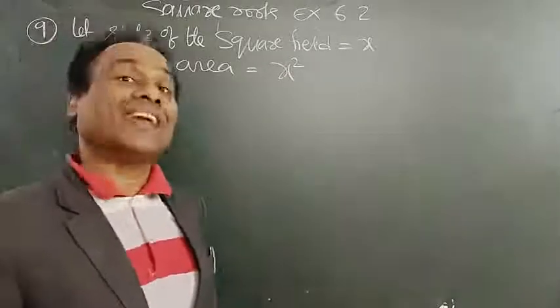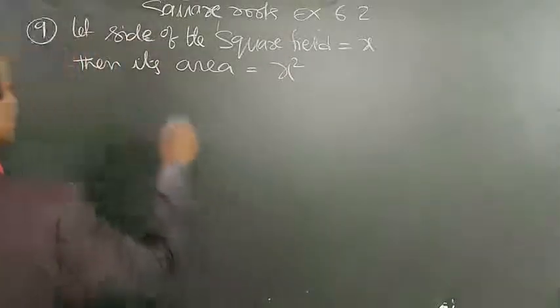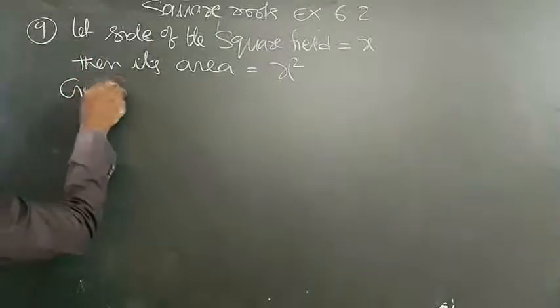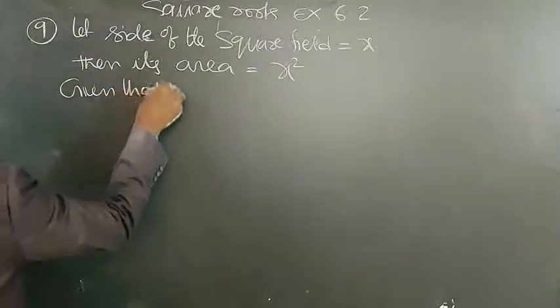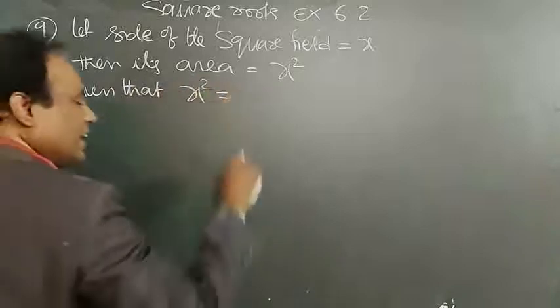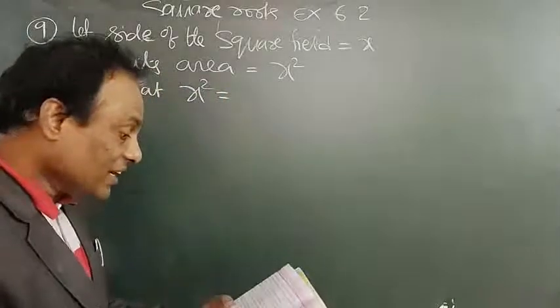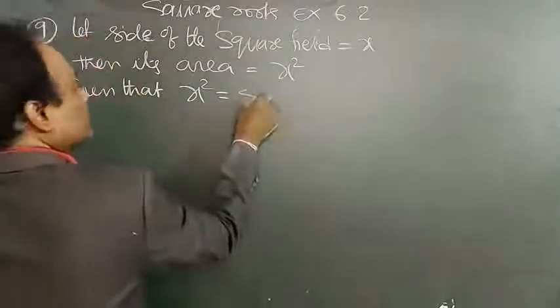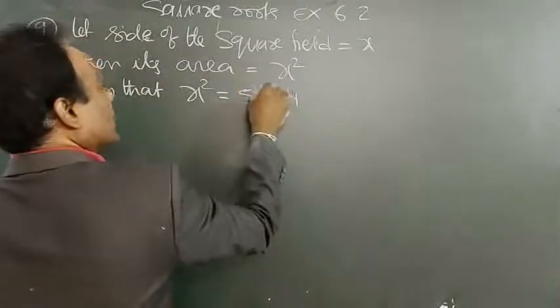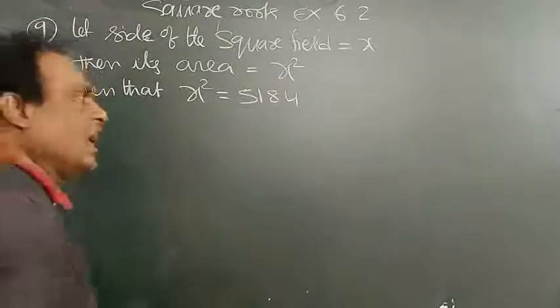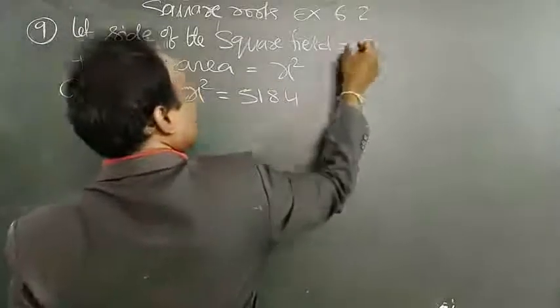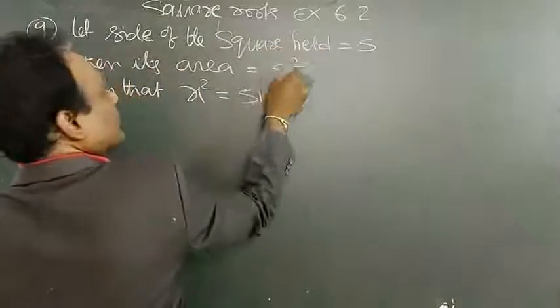Side into side, side square. But what is the area of the square field? Side square, x square, and it is given in the problem as 5184. Or let us take the side as S, then it will be S square.